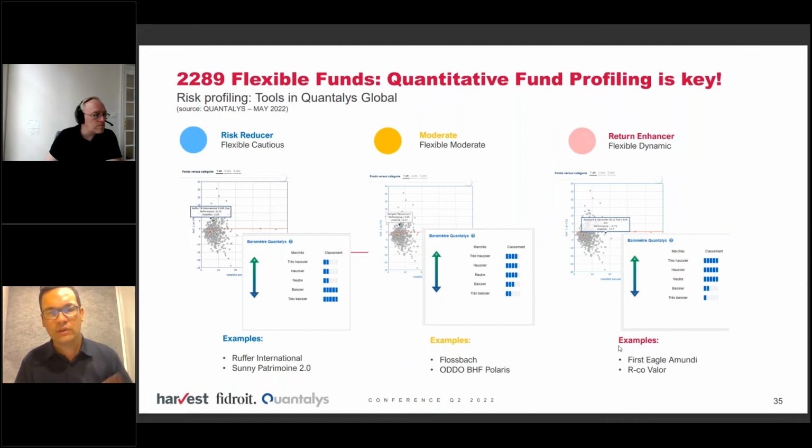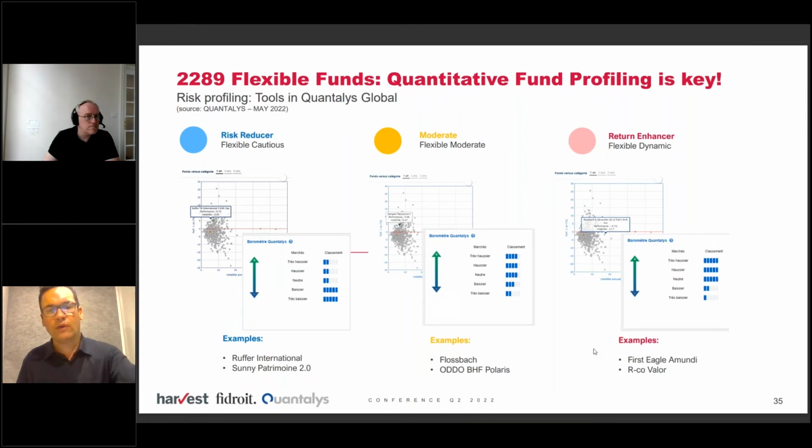We already pre-calculate these metrics quantitatively. So the Quantalys barometer is a good way to profile the fund and to have the up capture and down capture. If the market is positive, the capture is positive when the equity market is up, and on the contrary, it's more positive when the market is down.